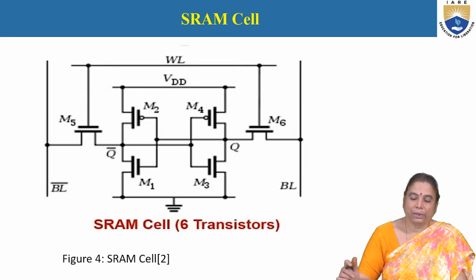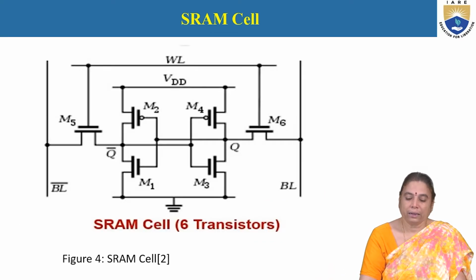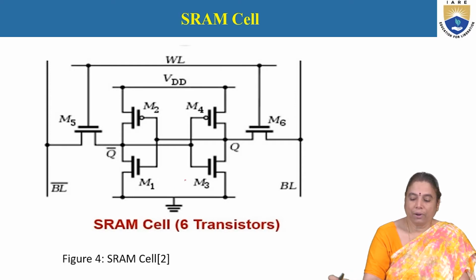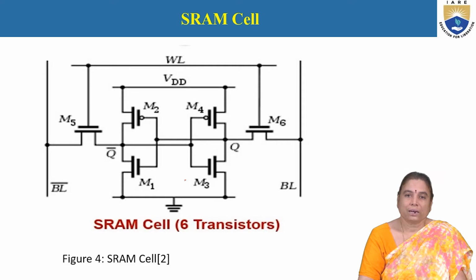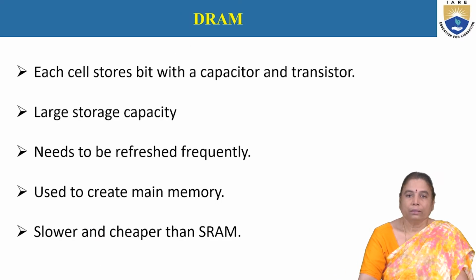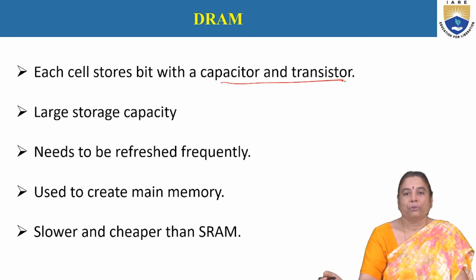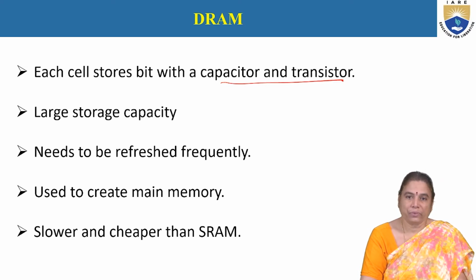So how can the storage cell of SRAM be constructed? With the help of 6 transistors and the flip-flop, the storage cell of the static RAM can be constructed. The next variety is the dynamic RAM. The dynamic RAM in each cell stores a bit with a capacitor and transistor. So the major electronic component in the dynamic RAM is the capacitor, and large storage capacity needs to be refreshed frequently.